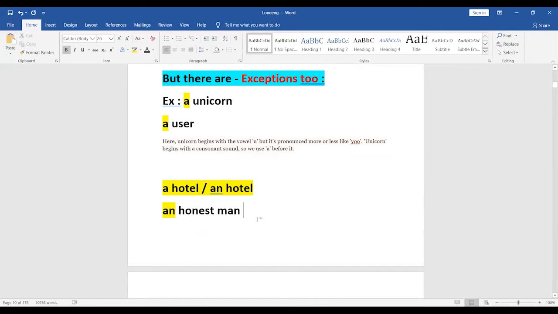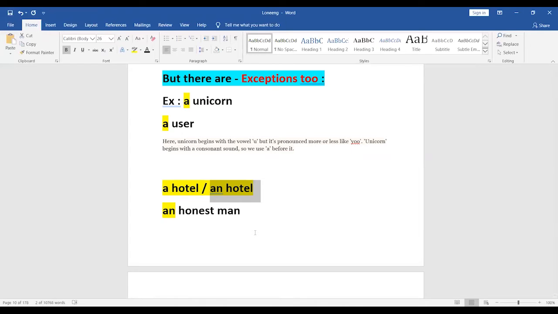So if you say a hotel or an hotel, it is grammatically correct. It depends on who is saying it, like British or Americans. Both are widely used. A hotel has a lot of usage on Google, and an hotel also exists there. So I just wanted you to know this exception too.